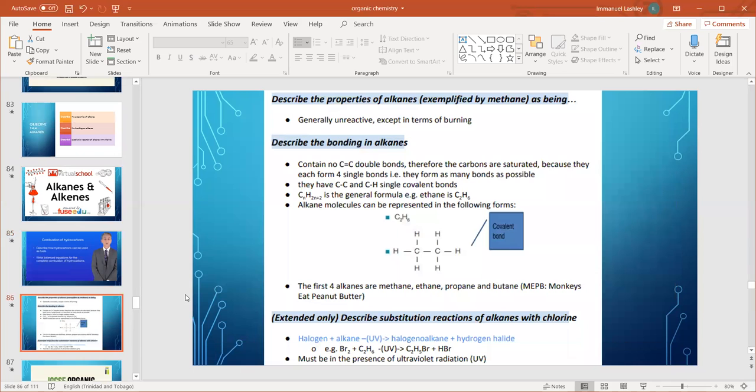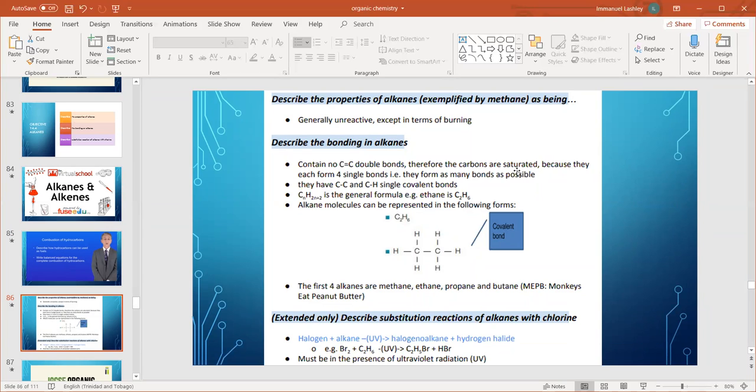All right, so when we talk about the properties of alkenes, alkenes are generally unreactive, except when we're referring to them burning, when we're trying to combust them. When we try to describe the bonding in alkenes, there are no double bonds present in alkenes. There are no carbon-carbon double bonds.